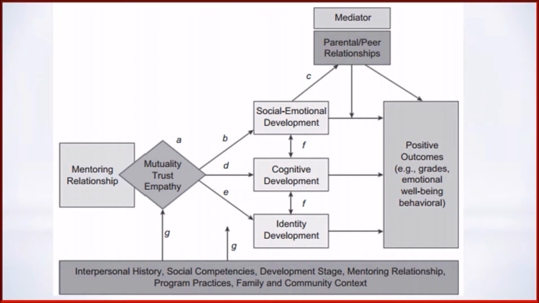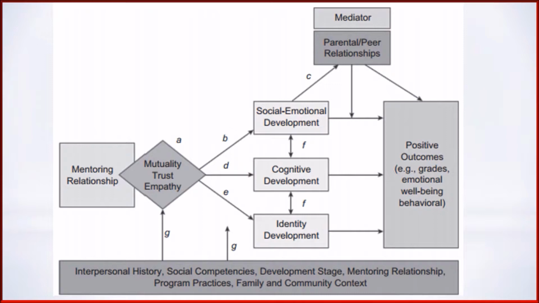Of course, there are some moderators to that, which you can see at the bottom of this figure. There are some areas that may or may not be truly addressed in our program, but the most important aspect for us is that mentoring relationship. The strength of the mentoring relationship is going to affect how these adolescents develop in each of these 3 areas.